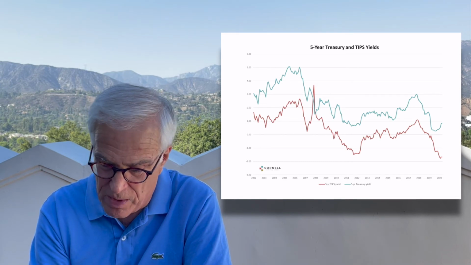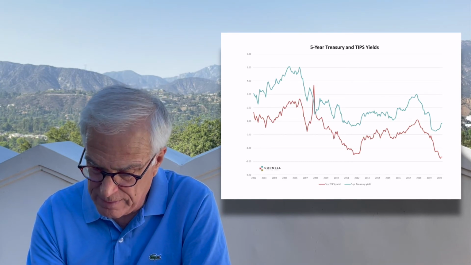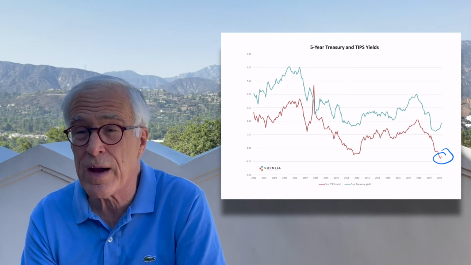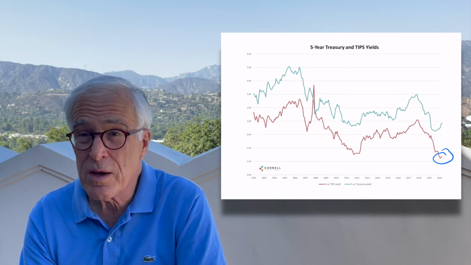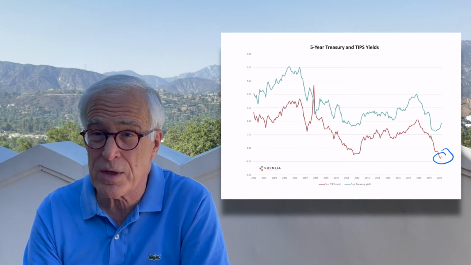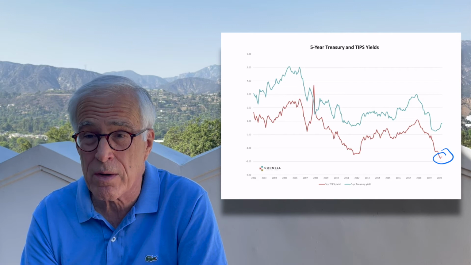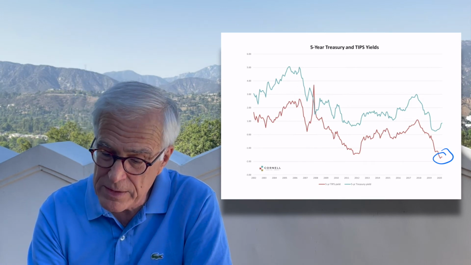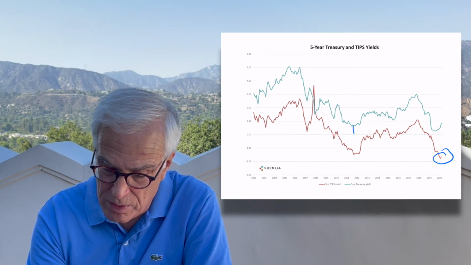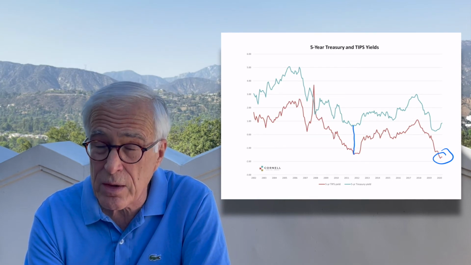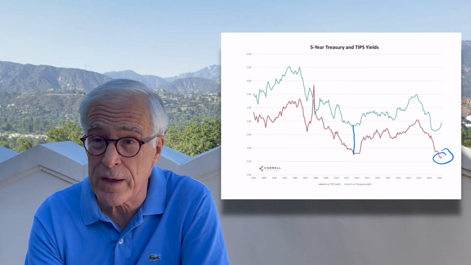And you might notice here right now on a 5-year TIPS, the government is going to pay you minus about 1.75%. So in other words, if you invested in a 5-year TIP, you would lose 1.75% of purchasing power each year. But this difference between the two, between the nominal yield and the real yield, is a measure of the expected inflation.